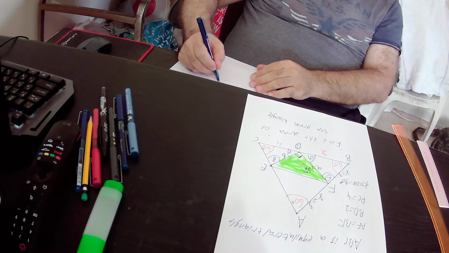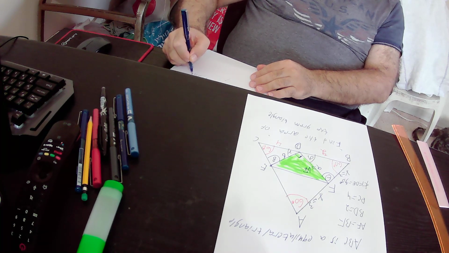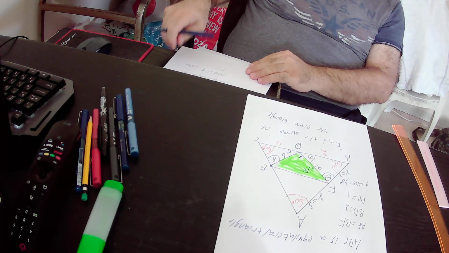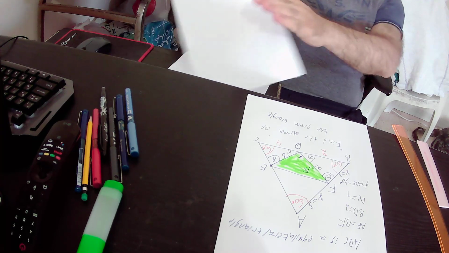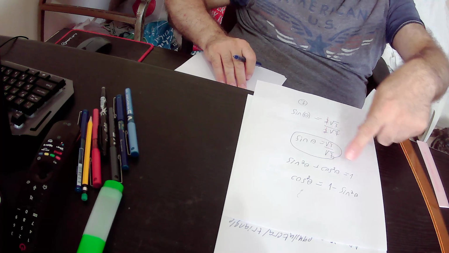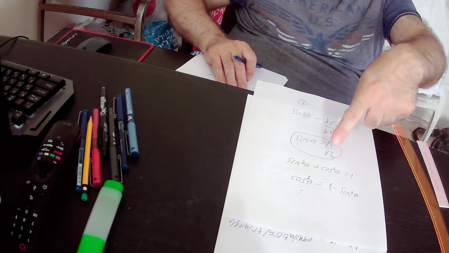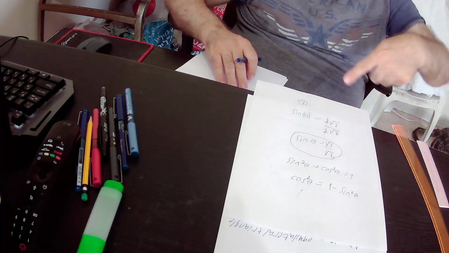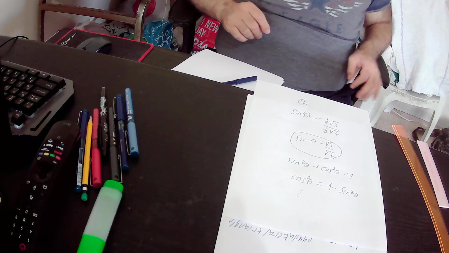First of all we subtracted sinus theta squared from this equality. We got that cosinus theta squared equals 1 minus sinus theta squared.